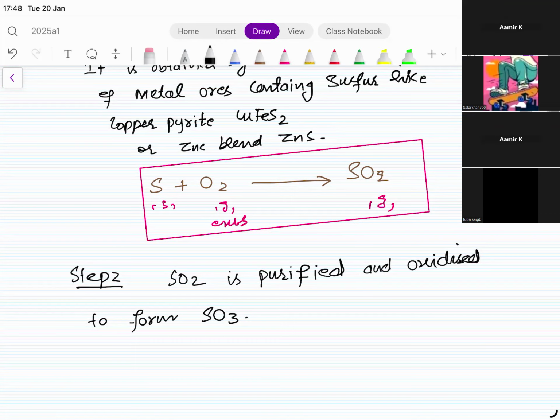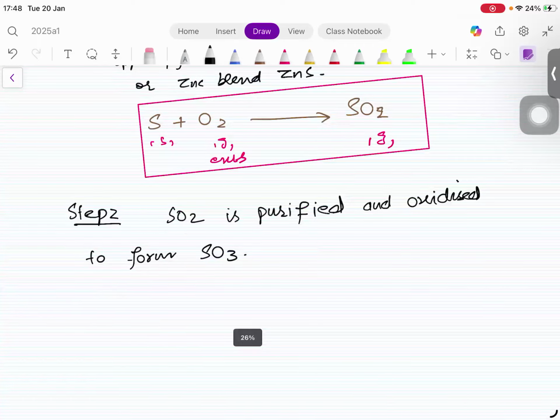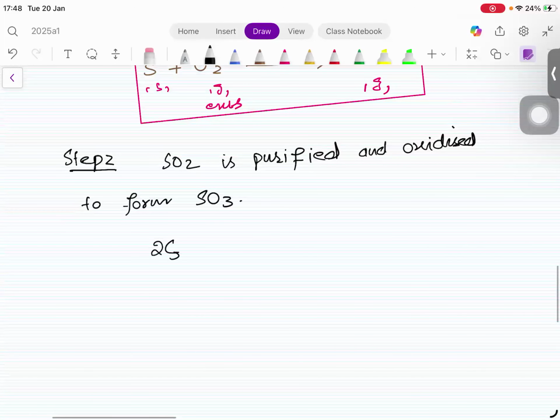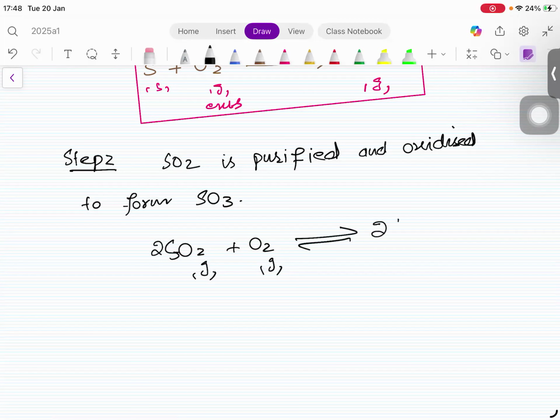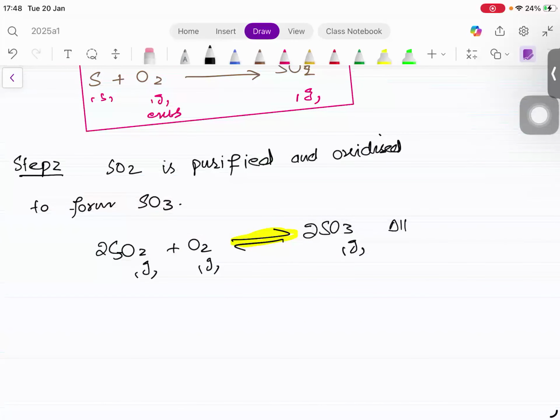This is the main step of the preparation. But if you look at the reaction, you will understand why we are discussing it here. It is a reversible reaction, and the delta H is, let's say, minus 88 kilojoule per mole. Right?